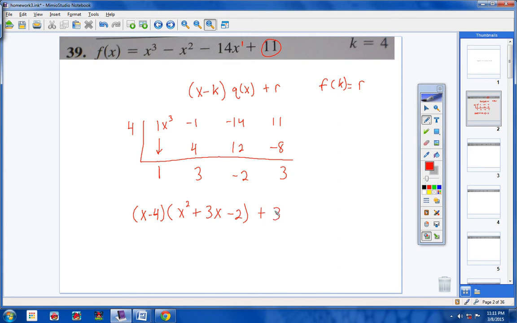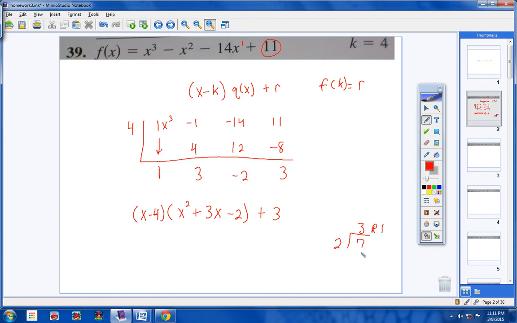Then put plus your remainder, which is 3. So let me show you what they wanted you to do. All they want you to do is, even though this doesn't give you 0, you can say that when you divide 4 into this, it's the same thing as doing long division for x minus 4. So if you did long division using x minus 4, then you can take the answer, plus the remainder. For example, watch, students, if I divided 2 into 7, I would get 3, remainder 1, correct?